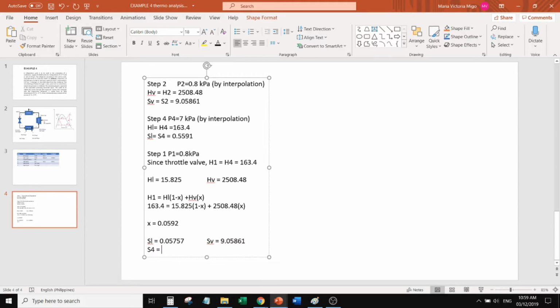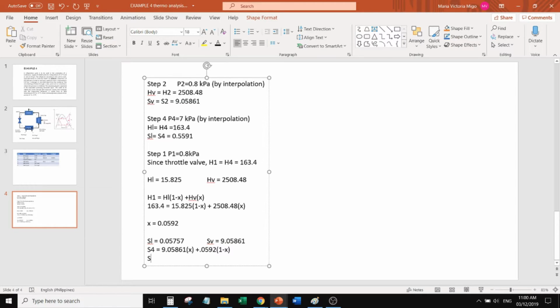This is equal to SL times 1 minus x plus SV, 9.0586, times x, with x equal to 0.0592.